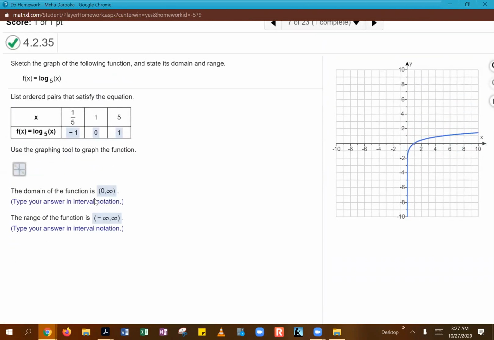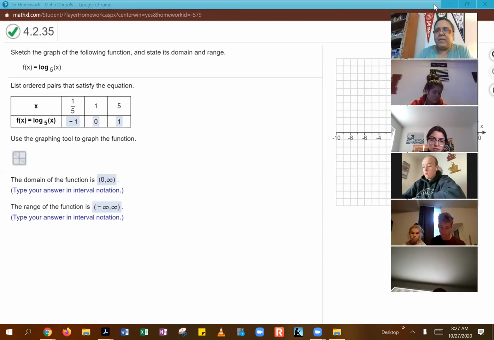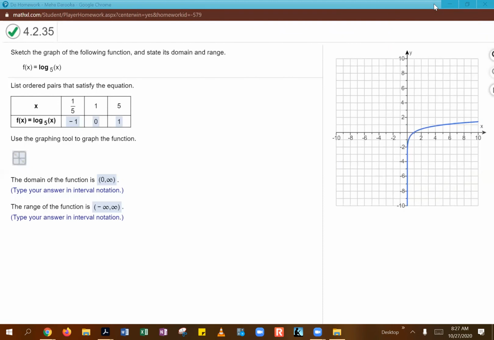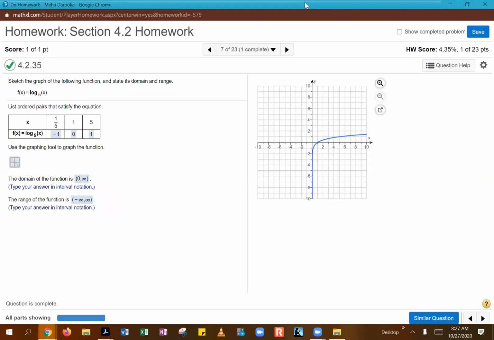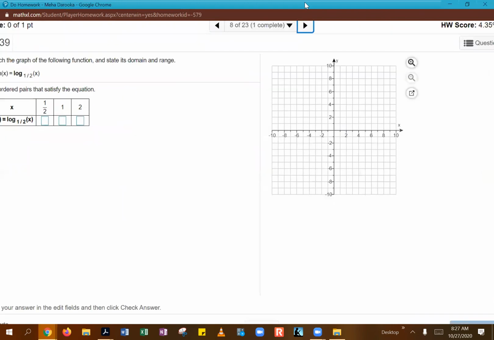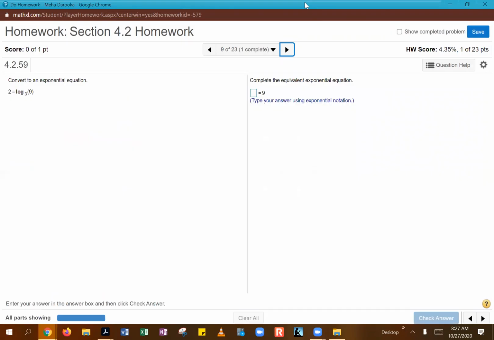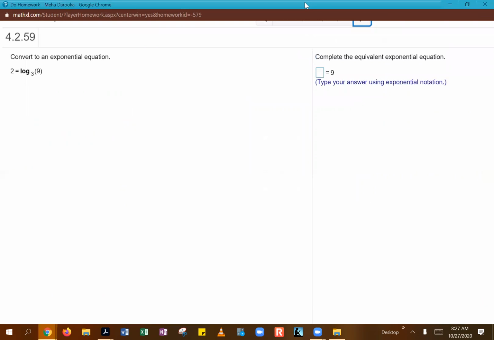Any questions on this one, guys? So again, remember your graphing is just changing those values in the little box that pops up. This will be very similar to that. So work on this when you do your homework. And of course, if you have any questions, let me know.